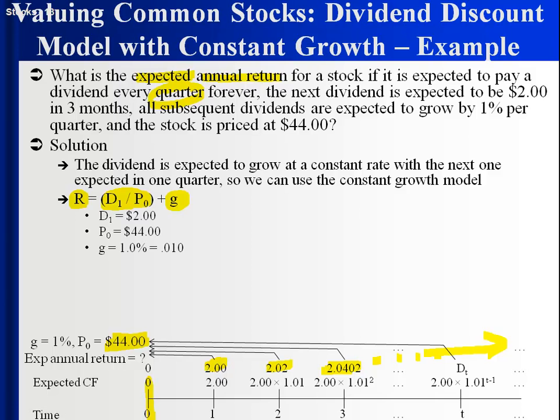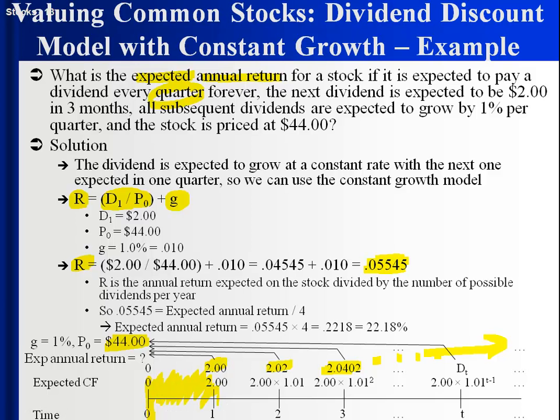The growth rate is given as 1%. So the R, the discount rate, is 5.545%. However, this is the rate for a quarter, so you need to multiply it by 4 to annualize it. And so the expected annual return is 22.18%.